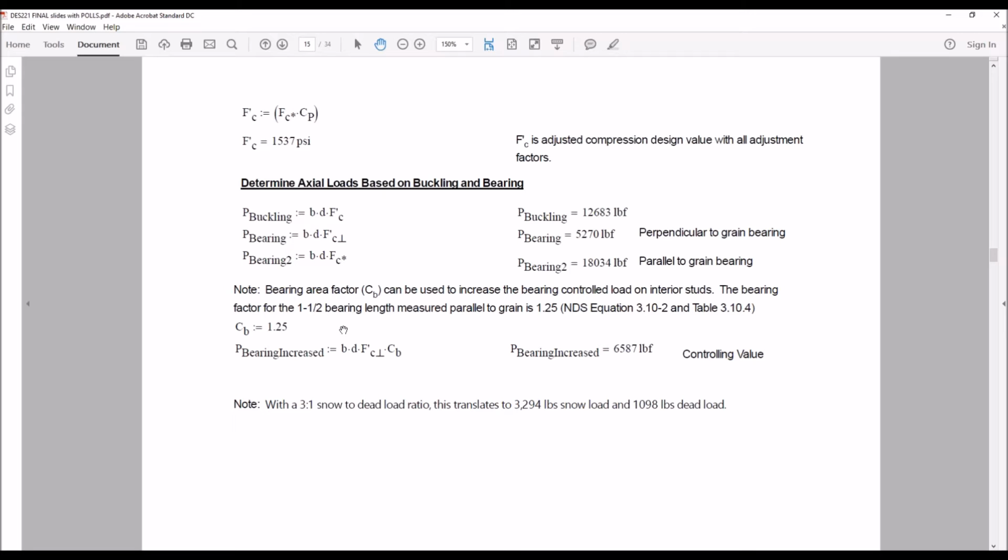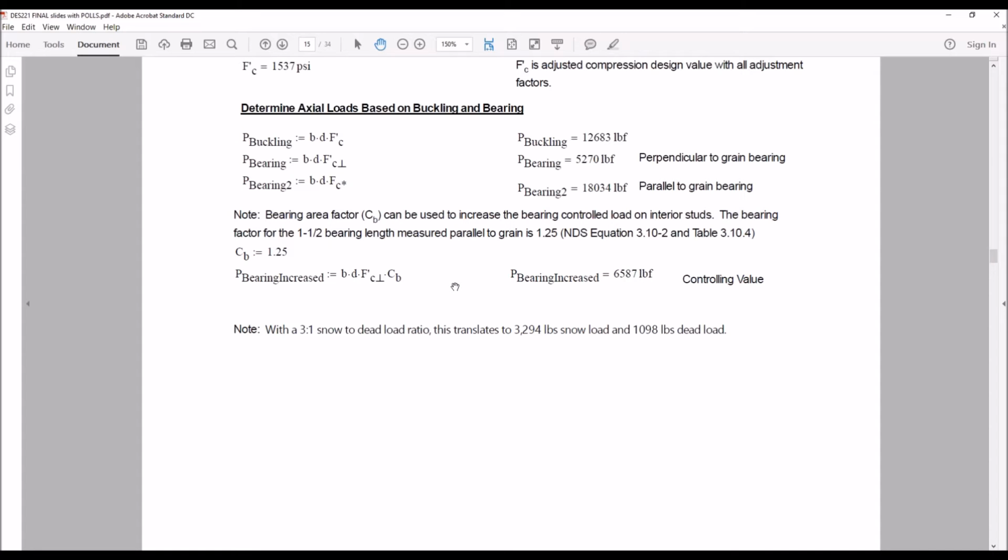So we can multiply that perpendicular to grain bearing value by 1.25 and increase the capacity by 25%. So we've gone from being limited to 5,270 pounds to increasing the capacity to 6,587 pounds, and that becomes our controlling value.